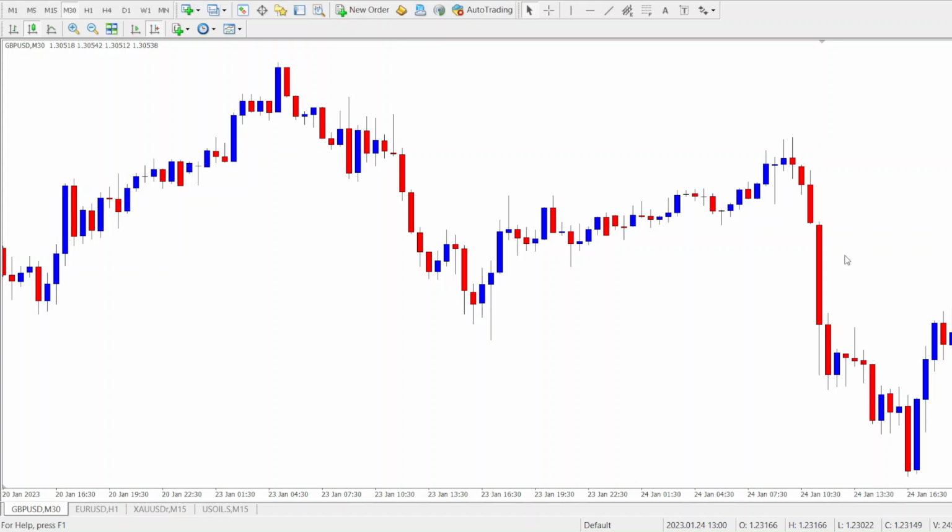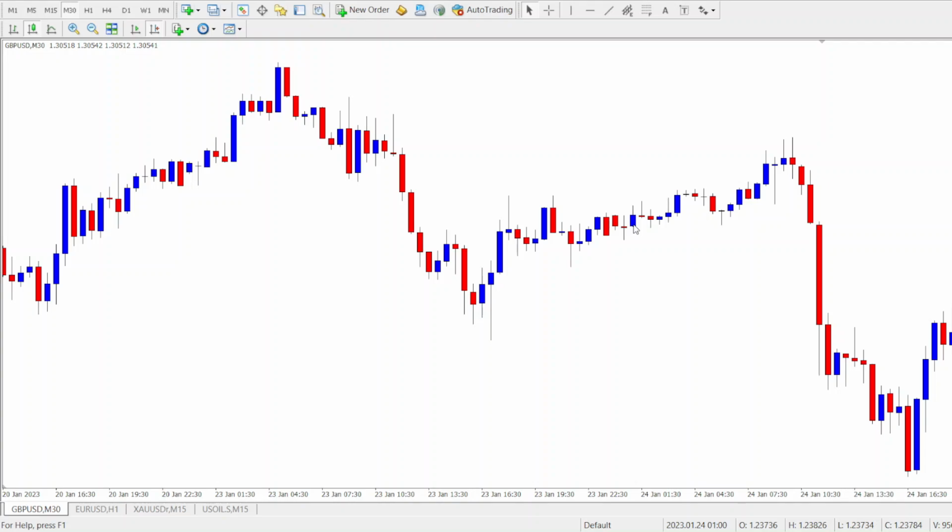In this particular video, we are going to be looking at how to choose the right EMA settings for your trading strategy. Setting up the EMA, the exponential moving average, for maximum accuracy and applying it to different time frames depends on your trading style.